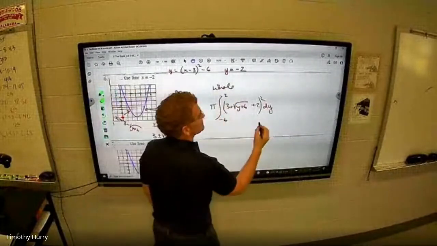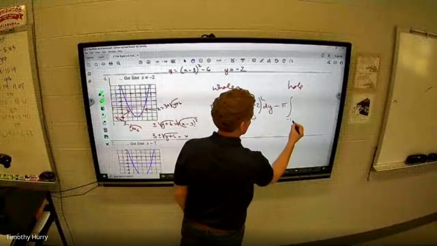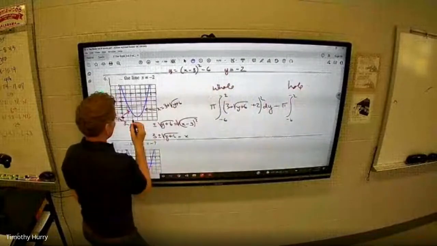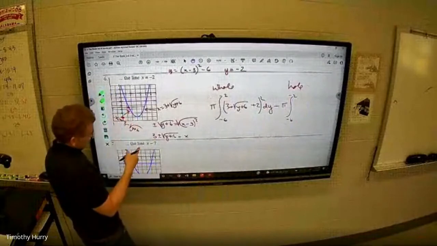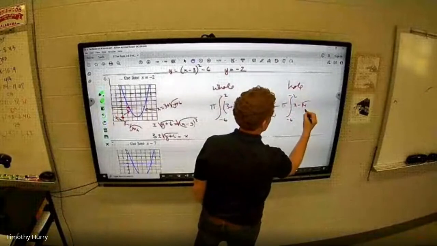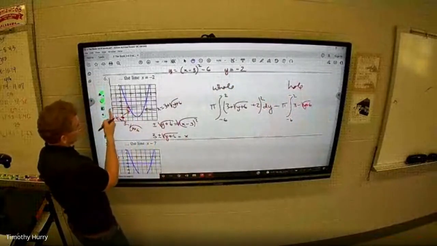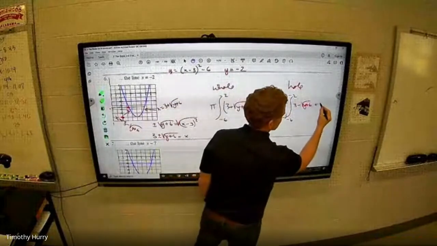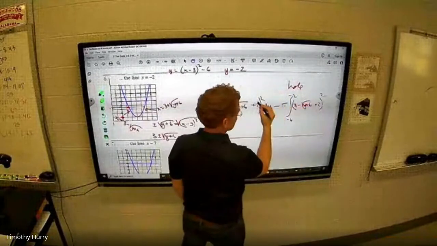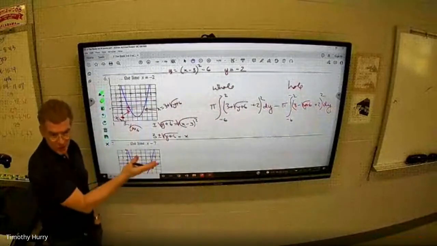And then I would have to go minus the inner, which would be the negative version, 3 minus, and then minus the -2 squared dy. Are you seeing the extra effort that you go through?